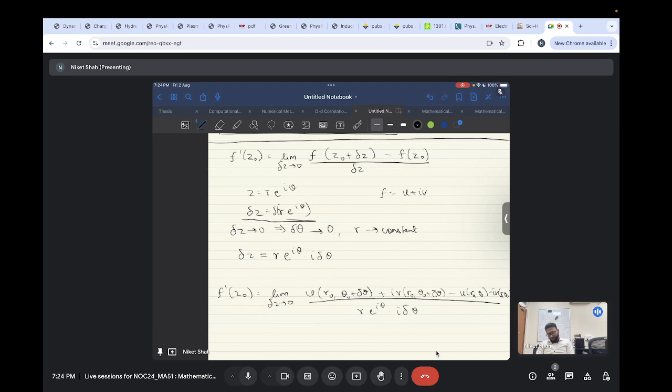Same thing. Again, we can Taylor expand this, and the first term will cancel this term.